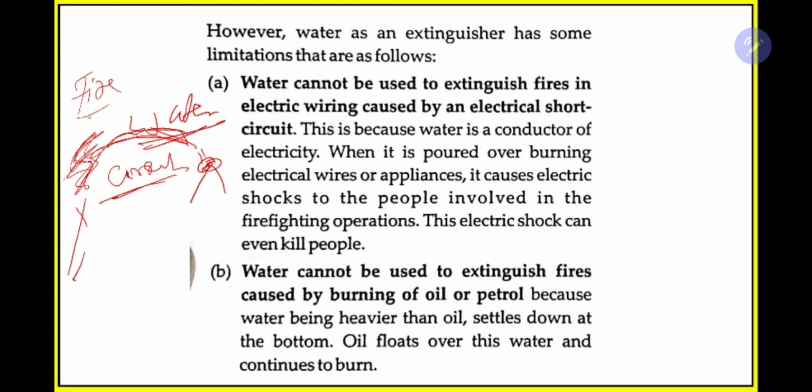Why? Because water is heavier than petrol, diesel, kerosene. If we spray water on a fire caused by petrol and diesel, the water will settle down and the petrol or diesel will be on the upper layer, so we cannot prevent the fire properly.